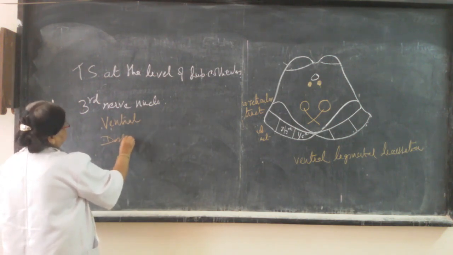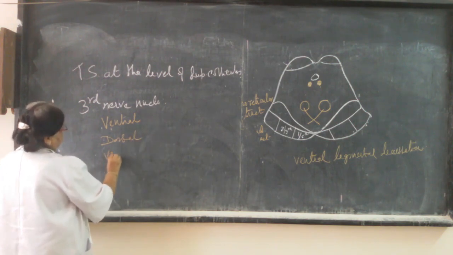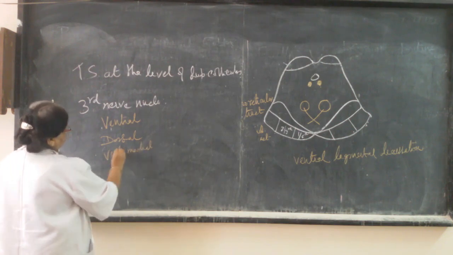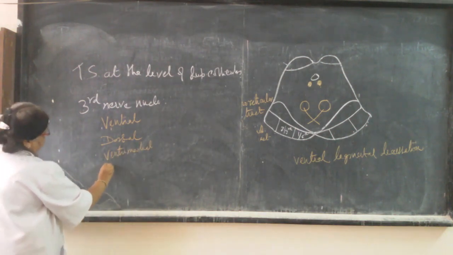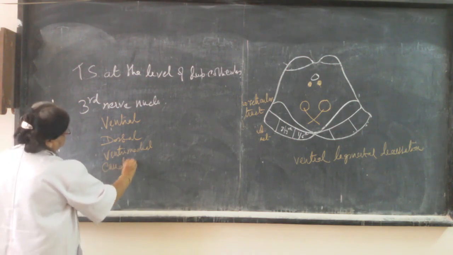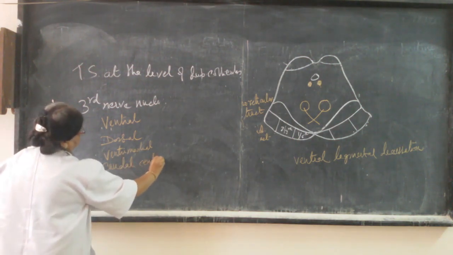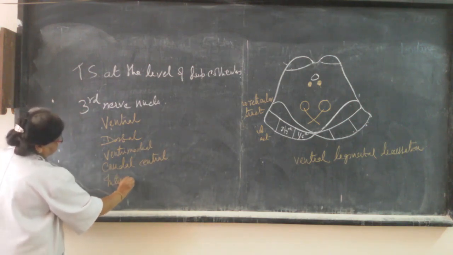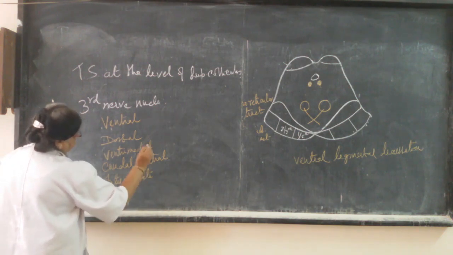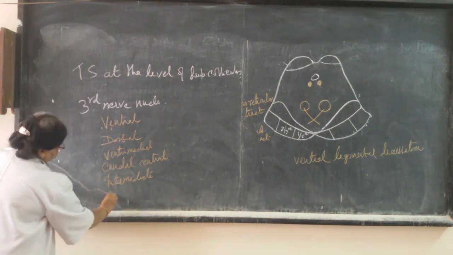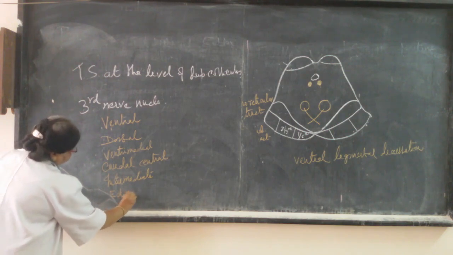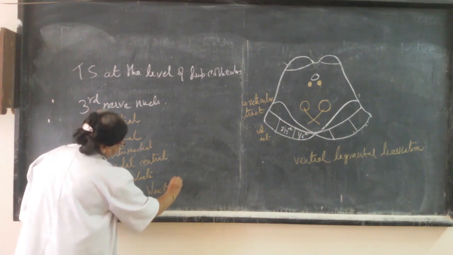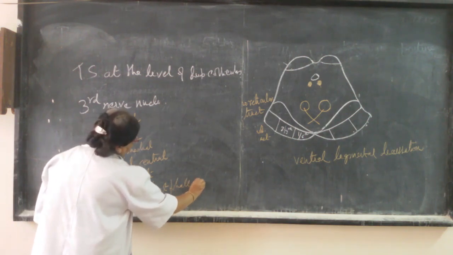dorsal, ventromedial, caudal central, intermediate, and Edinger-Westphal nuclei.